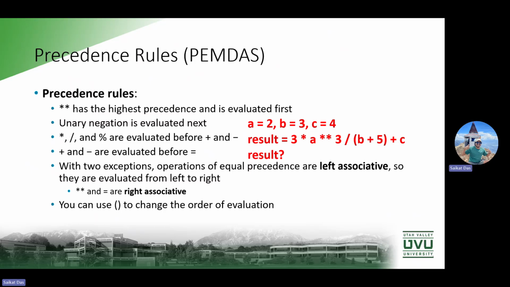Okay. So which one is first? The parenthesis is right. 3 plus 5, 8. Then exponent, 8. 8 divided by 8. Before 8 divided by 8, I need to go to the multiplication. That means 8 multiplied by 3. That means 24 divided by 8. 3 plus 4, 7. Right?